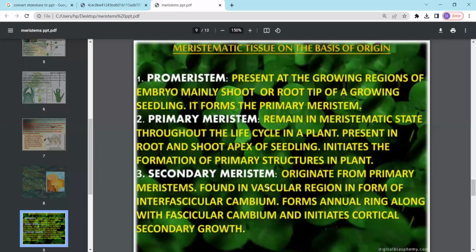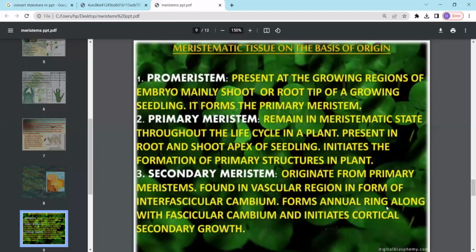It develops from the primary meristem only, and it is found in the vascular region, that is, in between the xylem and phloem. Along with the vascular cambium, it initiates the secondary growth.